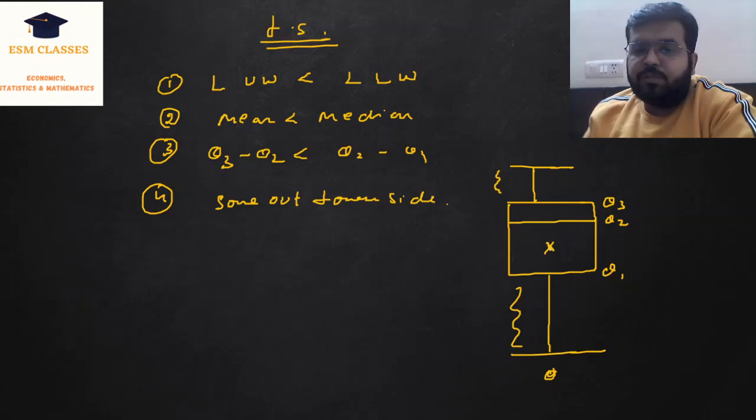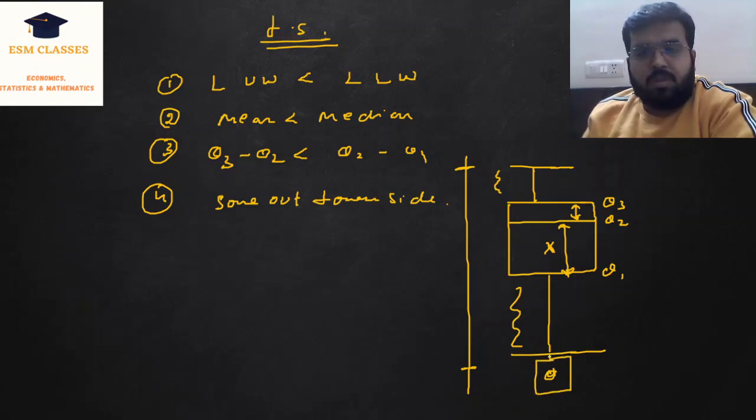This is the mean value. My mean value is lesser. Remember that if this is your y-axis, you are putting the smallest value first and then higher values here. So the mean is lesser than the median. In this case, we can see that Q3 minus Q2, which is this distance, is lesser as compared to this distance, which is Q2 minus Q1, and there are some outliers towards the lower side.